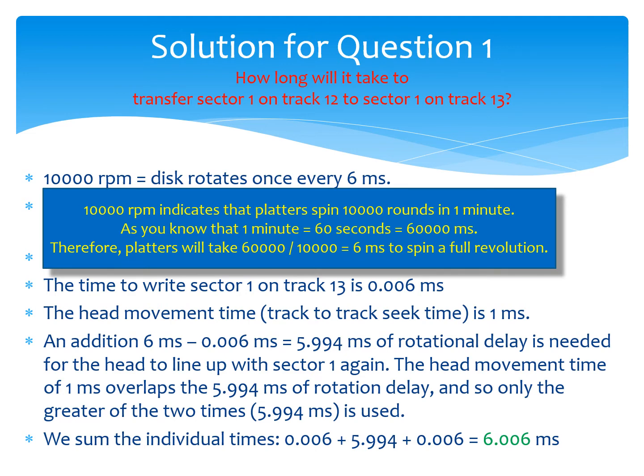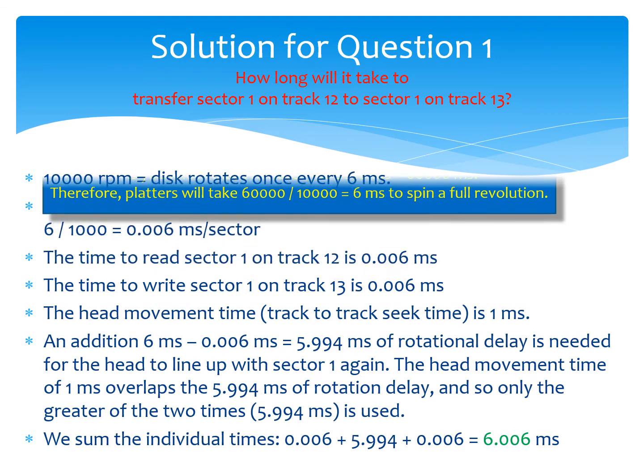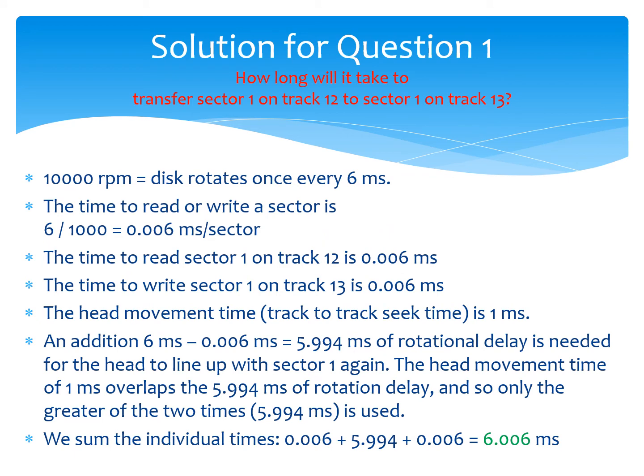Therefore, platters will take 60,000 divided by 10,000, which equals 6 milliseconds to spin a full revolution. Therefore, the time to read or write a sector is 6 divided by 1,000, which equals 0.006 millisecond per sector.